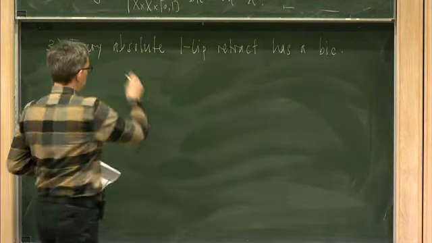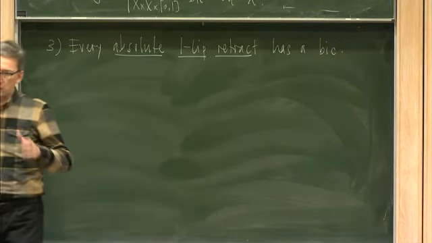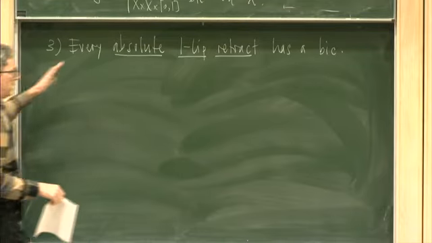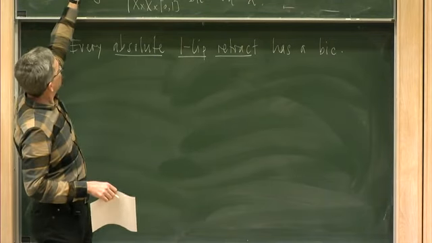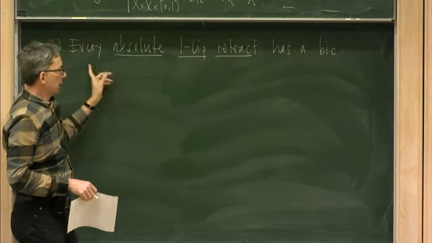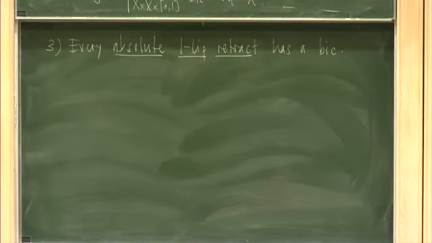An absolute one Lipschitz retract is just a metric space with the property that each time you embed it isometrically into some metric space, there exists a one Lipschitz retraction, right? And every metric space can be embedded into some Banach space. In the Banach space you have the linear geodesics, then you have the one Lipschitz retraction. So this proves this fact. It's a combination of 1 and 2.